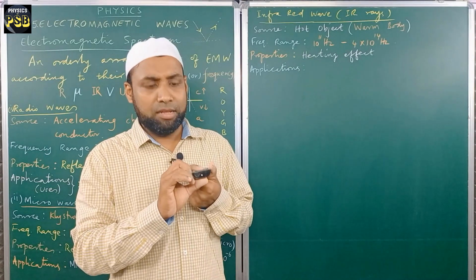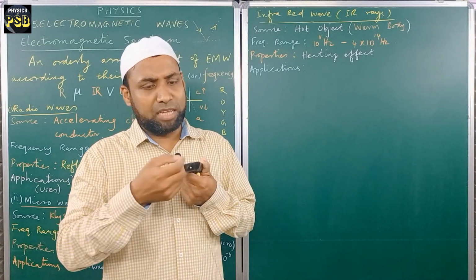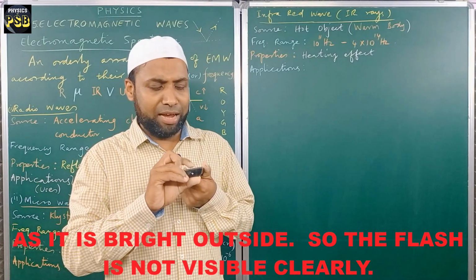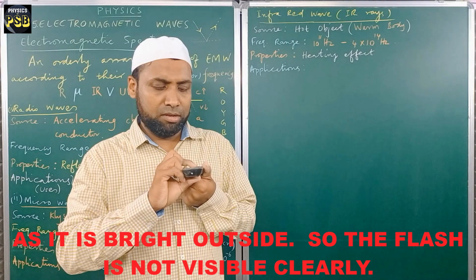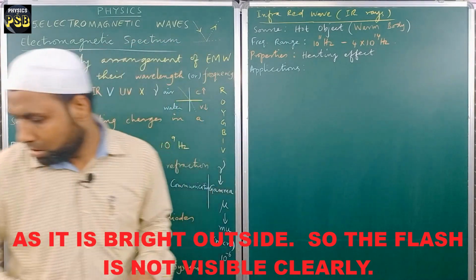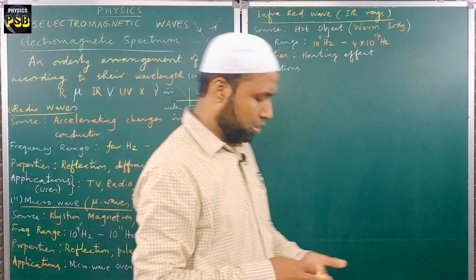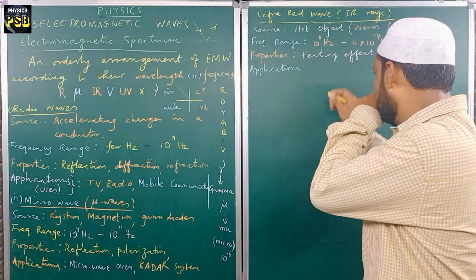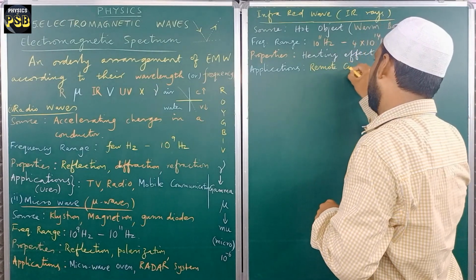I hope I am able to see the infrared rays coming out of this. You can see the flash. I'm pressing it, and you can see the flash. This is how infrared ray is used in remote control.